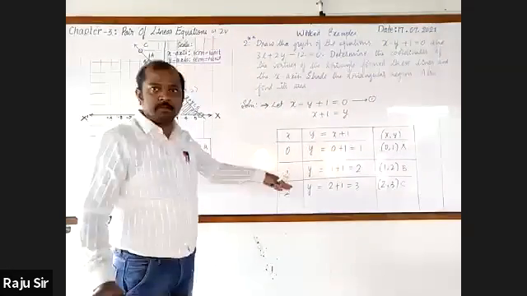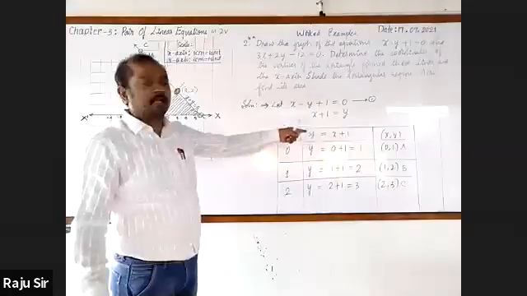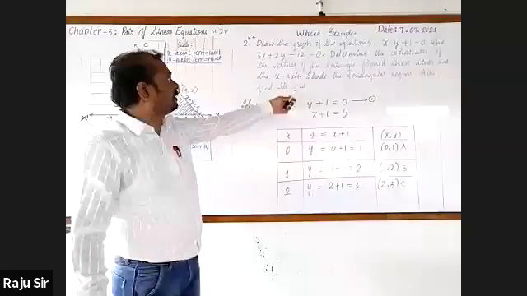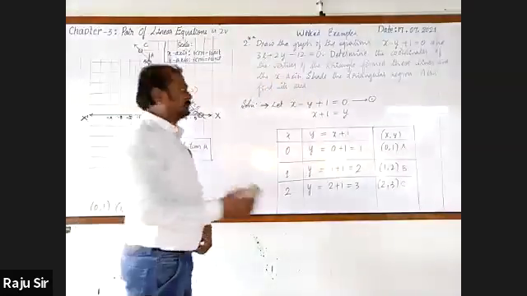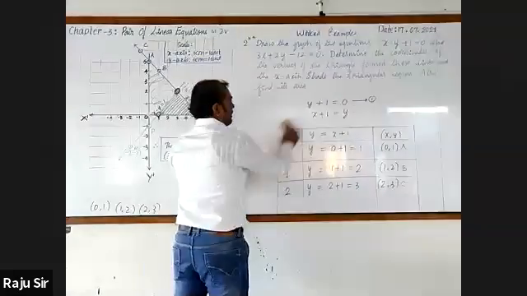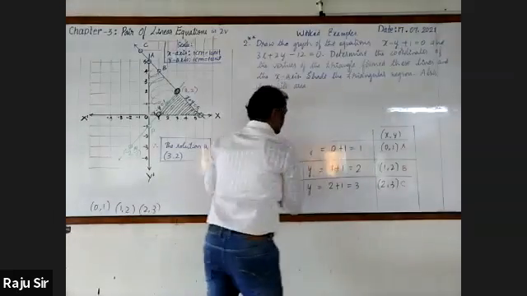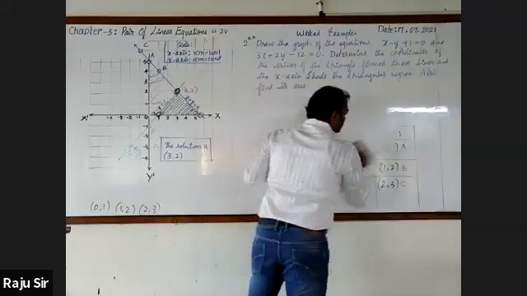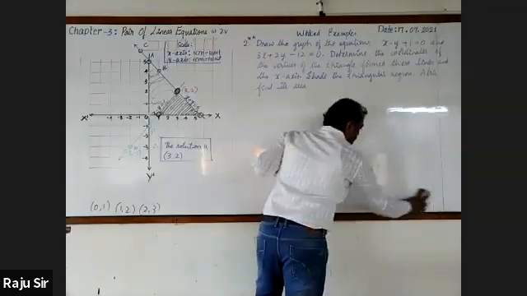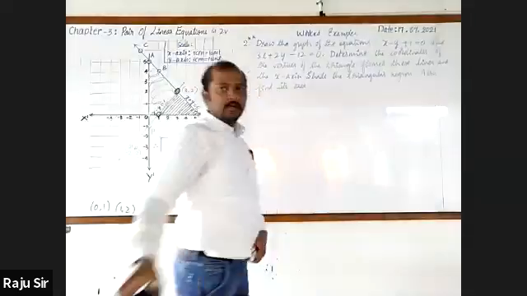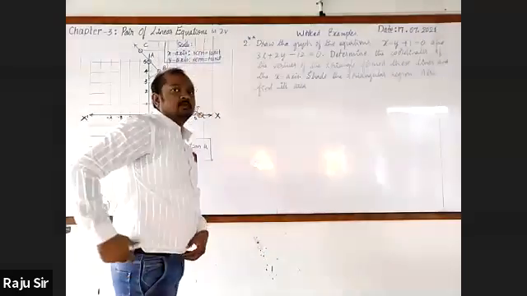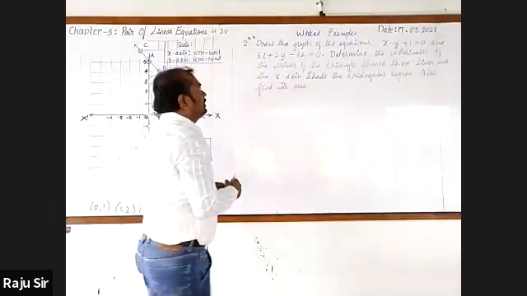Below this table, you have to prepare another calculation table, a coordinates table, for the second equation. Please go on writing with me. Should not waste your time. Just go on following. It will be easy to complete.